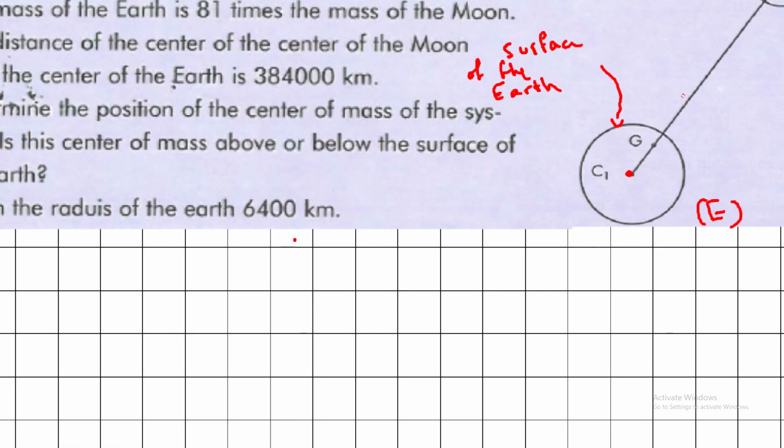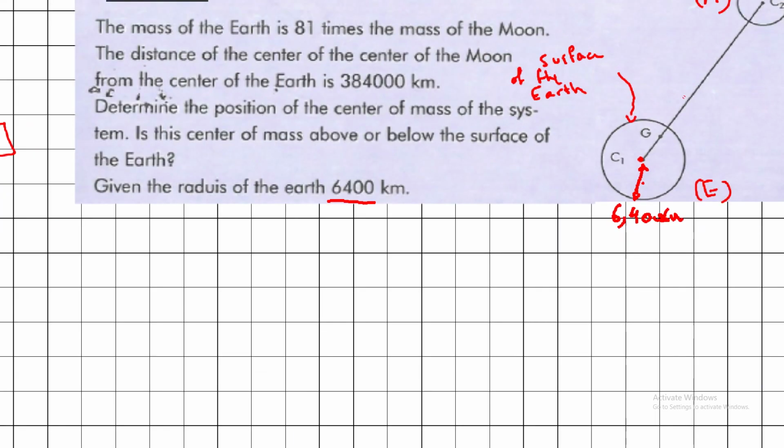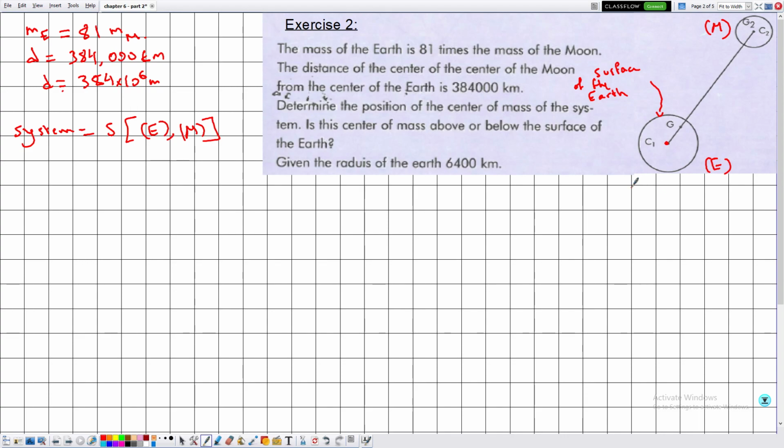So they are telling me, given the radius of the Earth is given to be 6,400 kilometers, so the distance from this point to the circumference is given by 6,400 kilometers, or the peripheral of the surface of the Earth, because Earth is considered as a sphere. So because they're asking me about the center of mass of a system consisting of more than a body, then we are interested in applying the barycenter formula, and this consists of several steps.